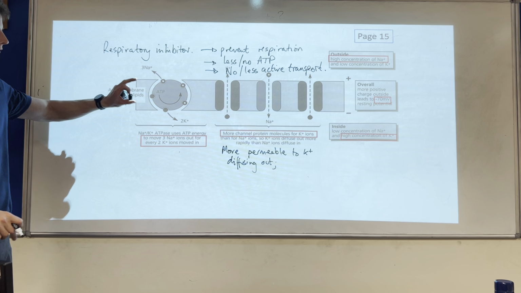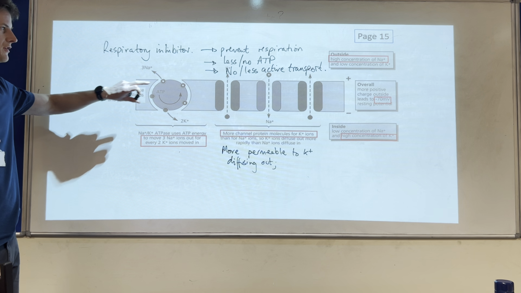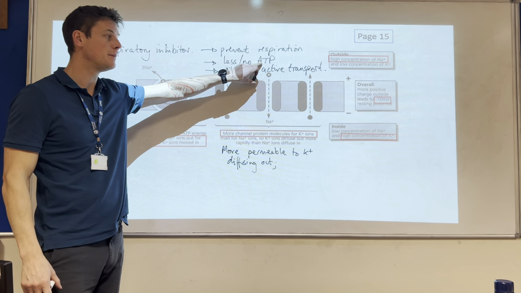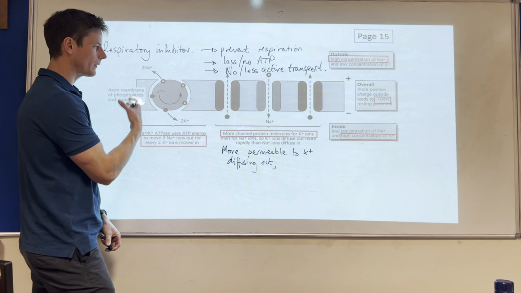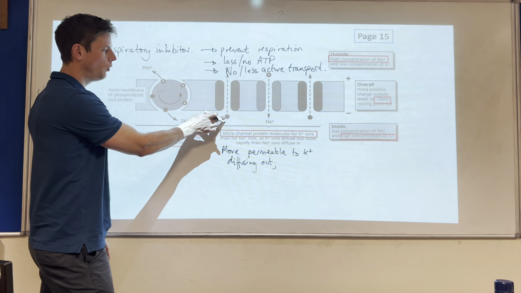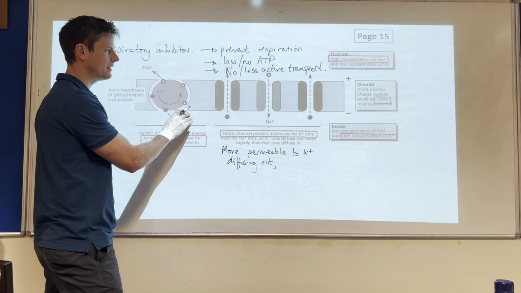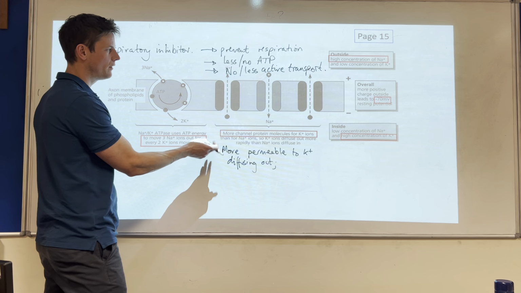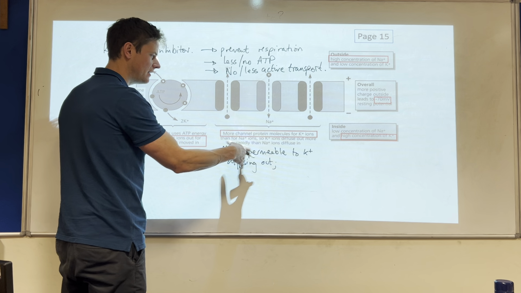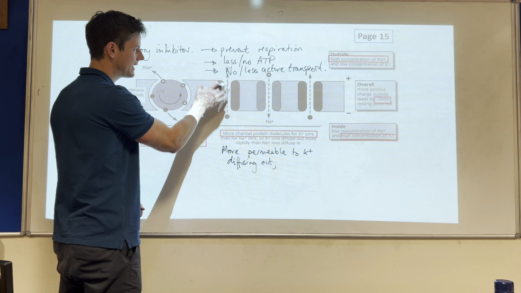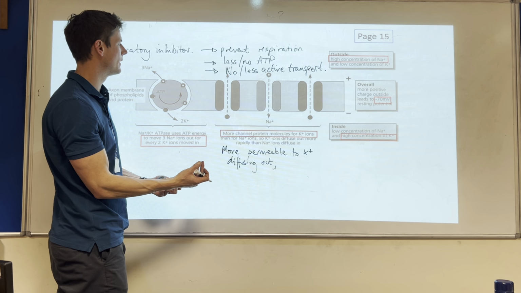In this case, if active transport is stopped completely because there is no ATP, eventually all of the ions will diffuse down their concentration gradients. So all of the sodium ions will diffuse in until they reach equilibrium. Potassium ions will diffuse out until they reach equilibrium.